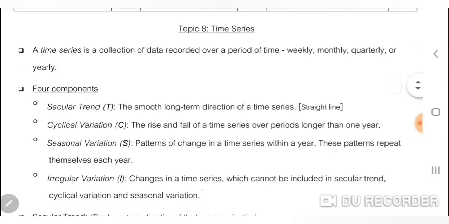The rest is irregular variation. We will study secular trend T and seasonal variation together, which can be used to estimate the future value. We won't study C and I.